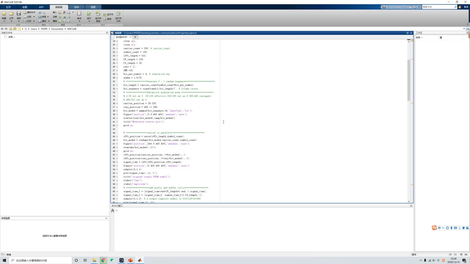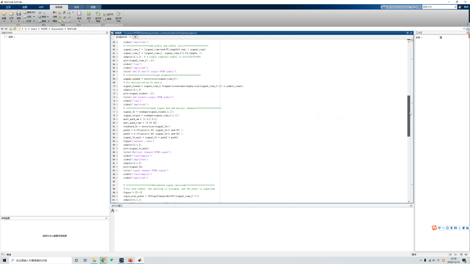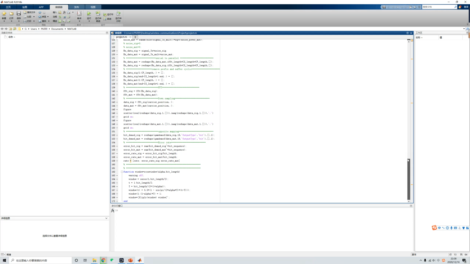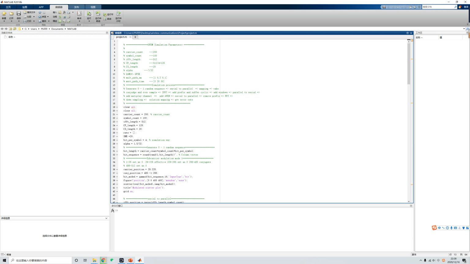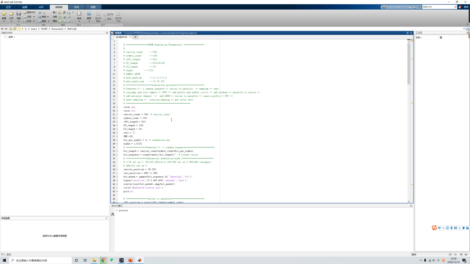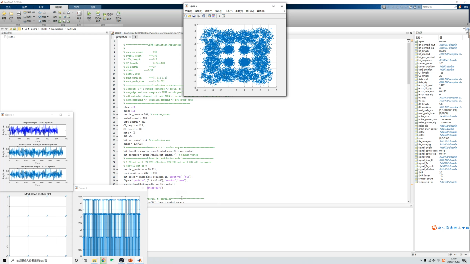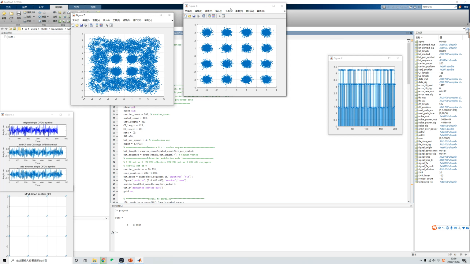In the project code, I have put some plots. So now I run the project. From the bottom we can see that there are several parts.